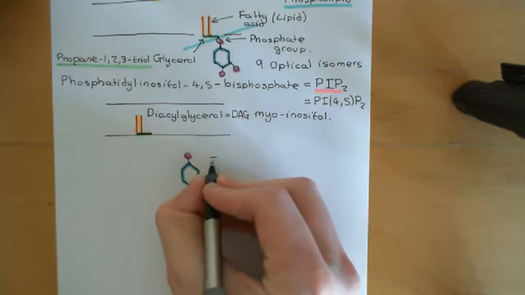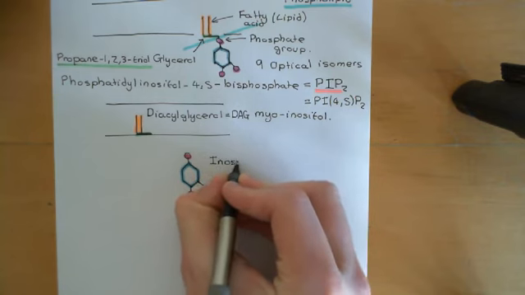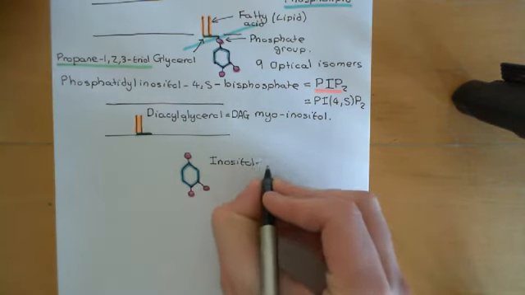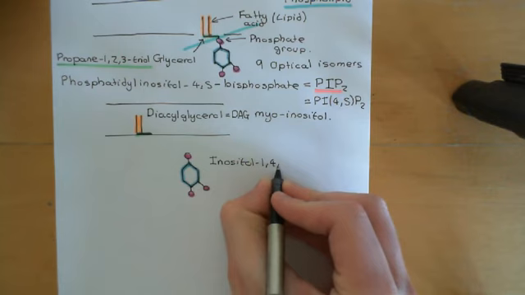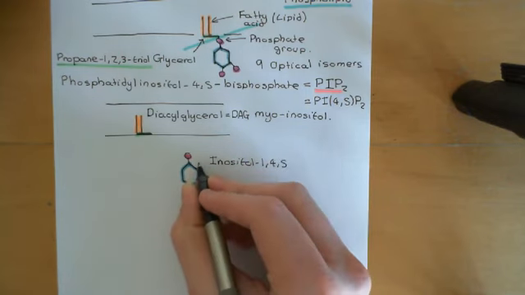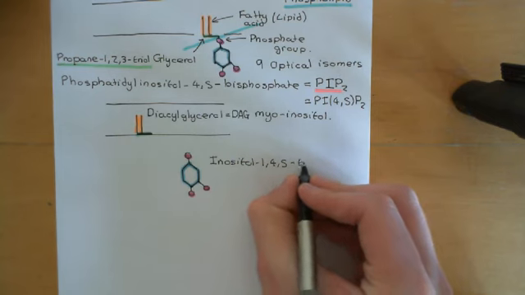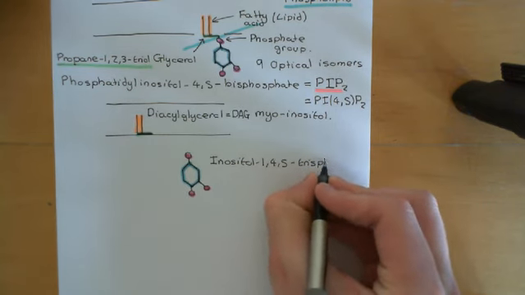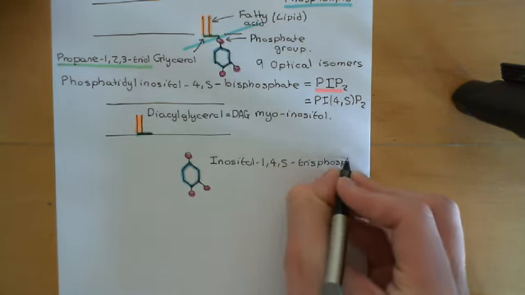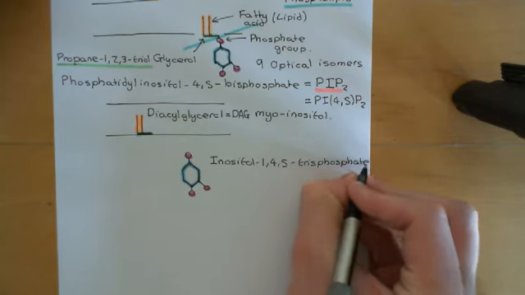This molecule is what's known as inositol 1,4,5-trisphosphate. Some people will even put the myo in front, myo-inositol 1,4,5-trisphosphate, if you're being extremely rigorous, but we won't go that rigorous.